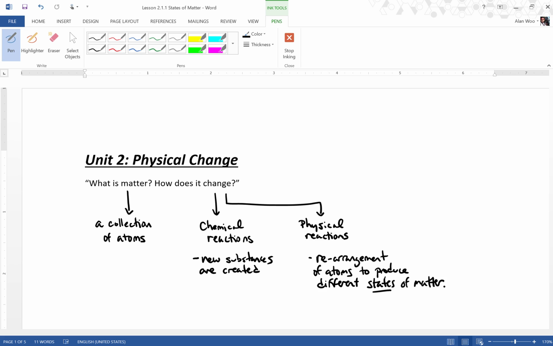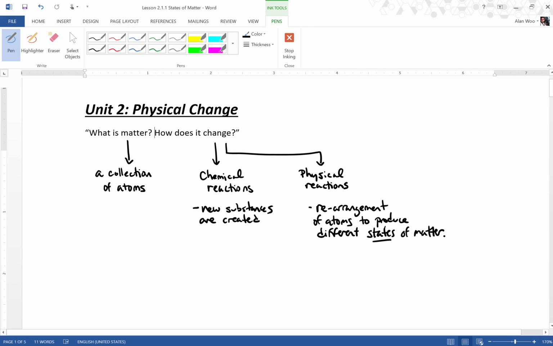So to get an idea of what's going on here, we should actually talk about the different states of matter that exist. And most of you already know the three big phases of matter. States and phases are often synonymous. They mean the same thing. So we'll say phases slash states of matter.